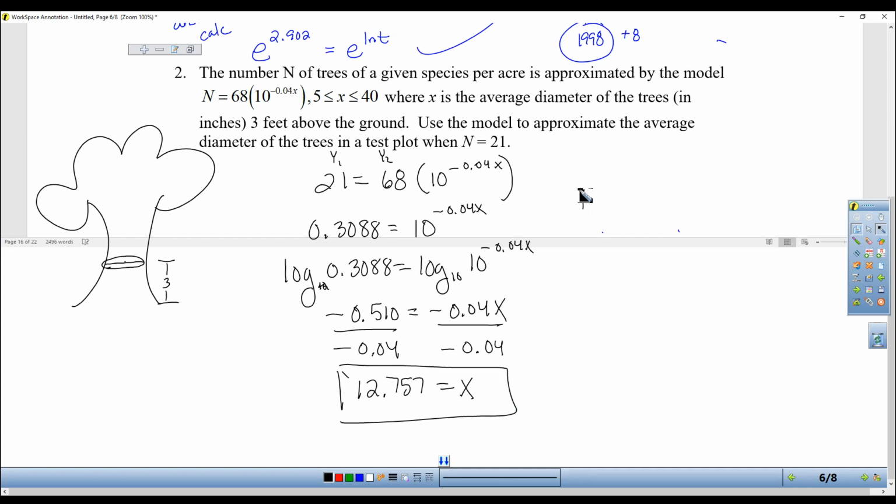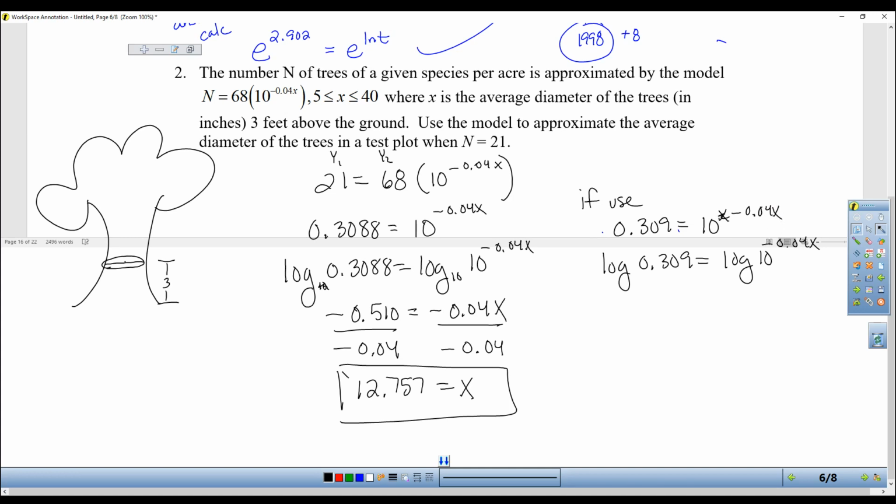Okay? If you use 0.309 is equal to 10 to the x, if you actually did take that and you rounded, and you did log of 0.309 is equal to log of 10, actually there's still 0.04x here, negative 0.04x.